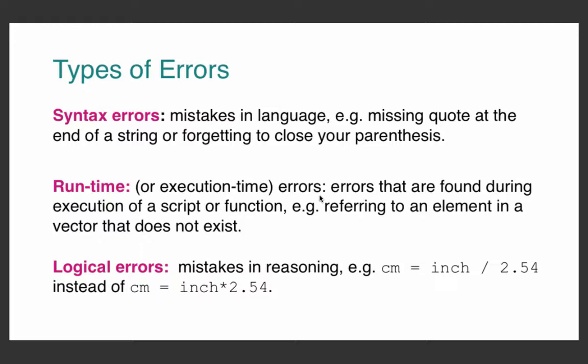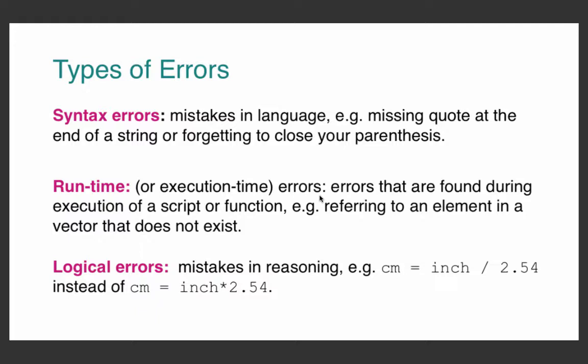Then we have runtime errors or execution errors. These are errors that are found during the execution of your script. Okay, so for example, one thing could be, you have a vector of length 10 in your script somewhere, and you're trying to access the 12th element, and MATLAB's going to complain. It won't complain before you run the script, but it will complain while you're running the script, during the runtime. And these are a little bit tougher to locate and identify because the runtime error may not happen every time you run the script.